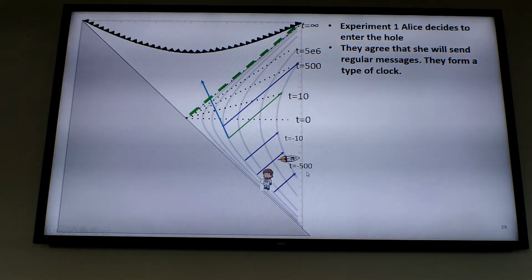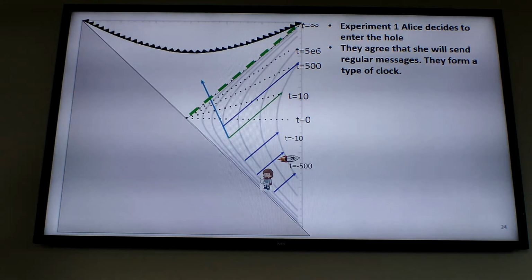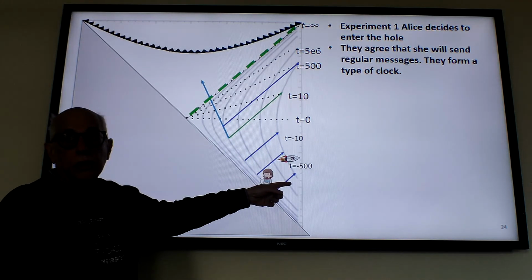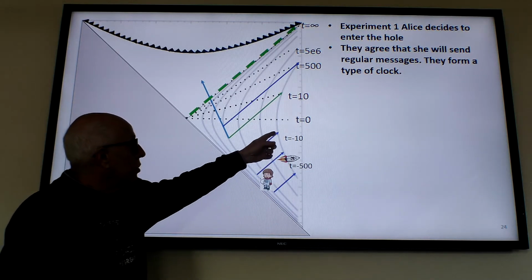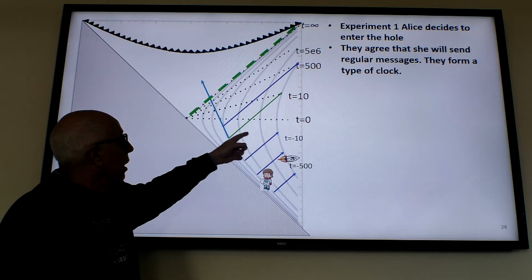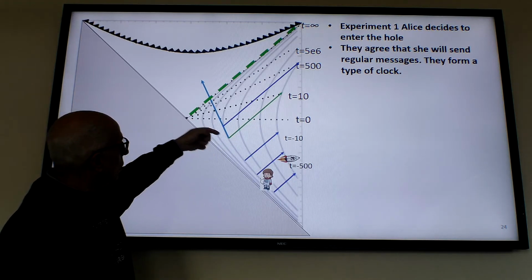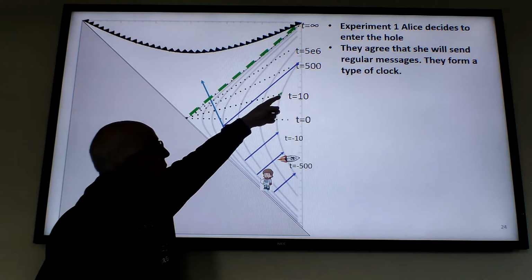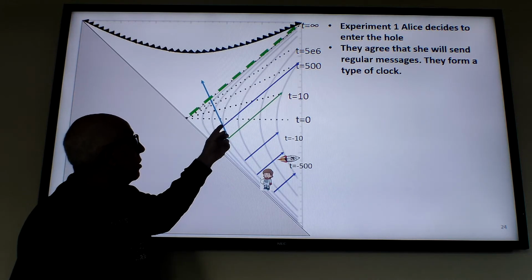Now, I want you to notice something very important. I put some times on here. This is 500 seconds before she is going to shut off her rocket. She sends signals. Here's 10 seconds before she shuts off her rocket. Right here, at around, I don't know, -5 seconds, she shuts off her rocket. She's still sending him signals. But this one, notice, when does he get that signal?